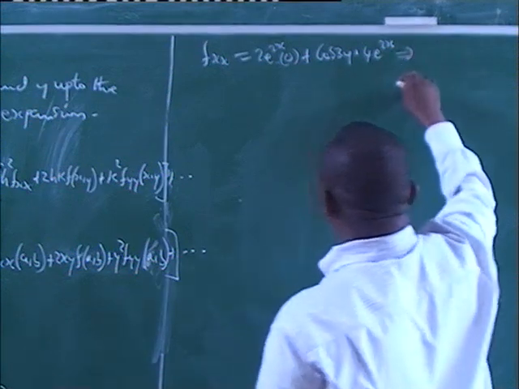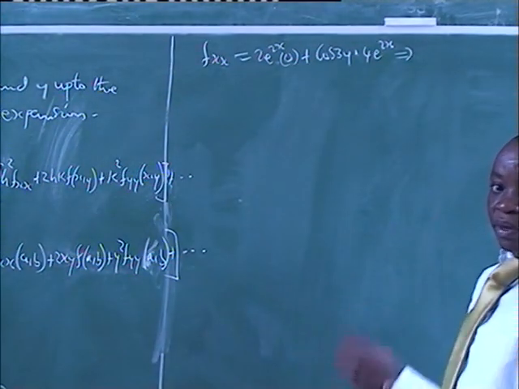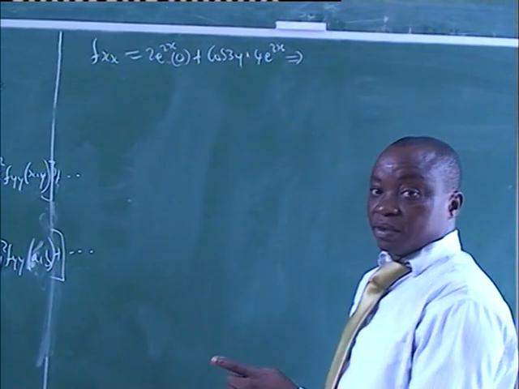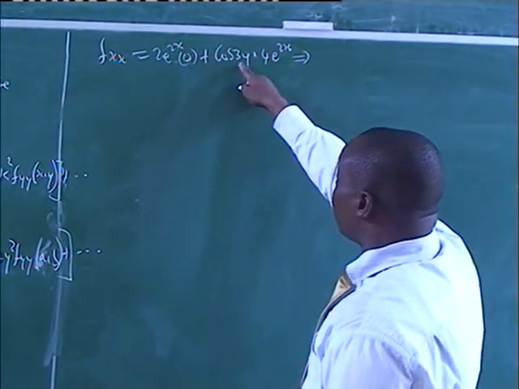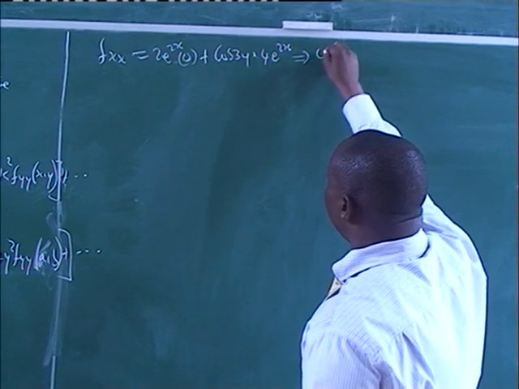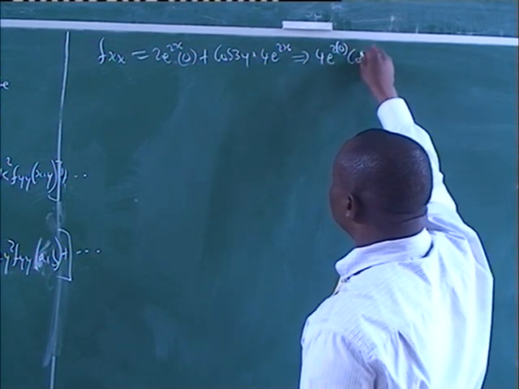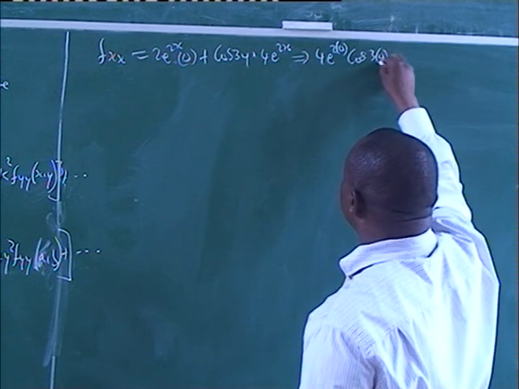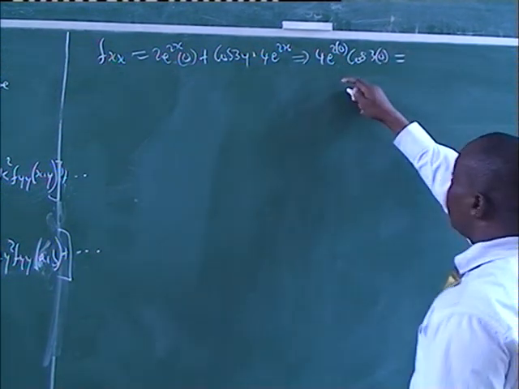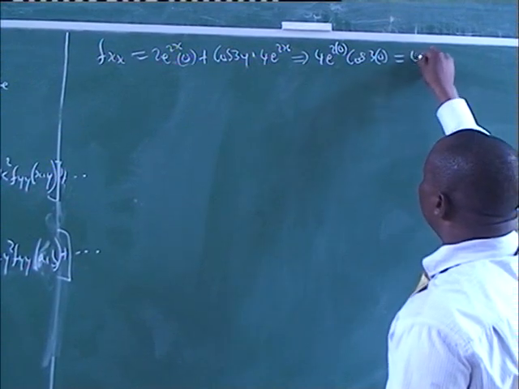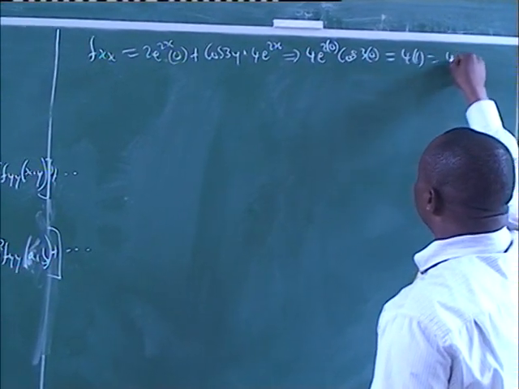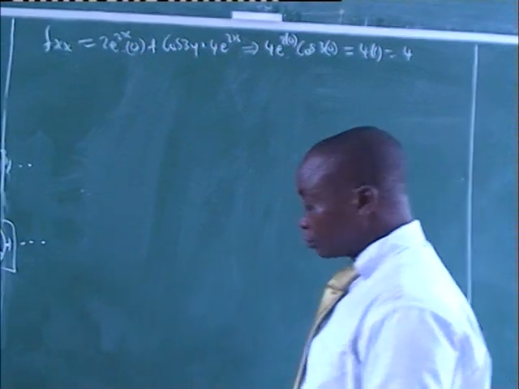Now at the point where x is 0, y is 0, this is 4 exponential 2 times 0 cos 3 times 0. What will this give us? It will give us 4 times 1, which is equal to 4.